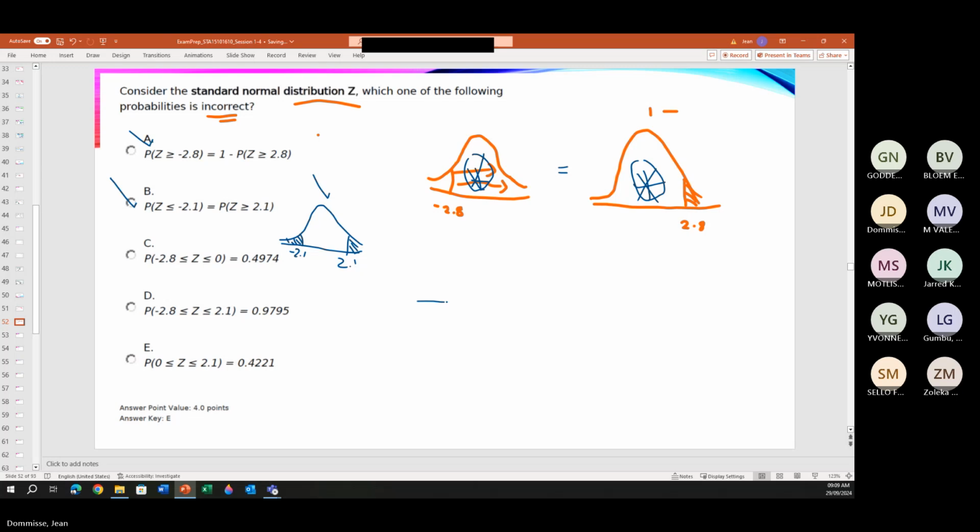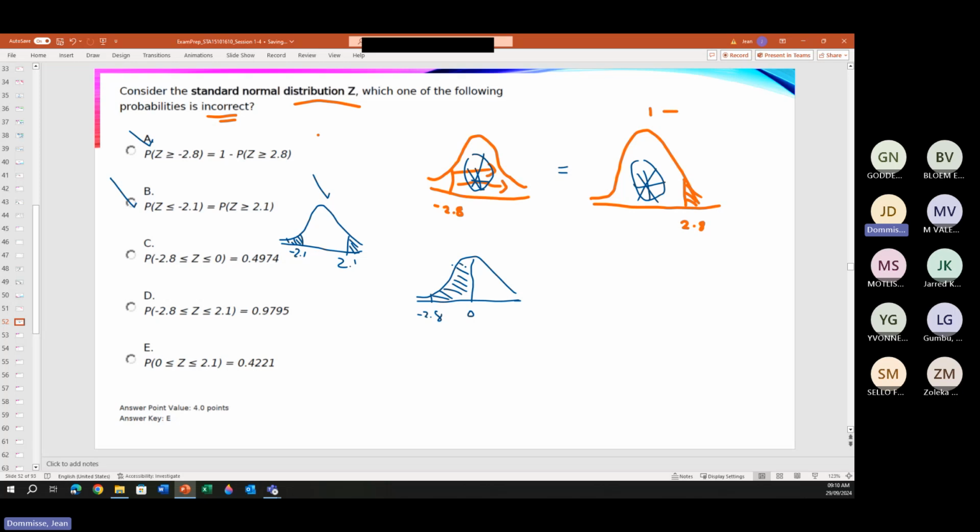Then let's go to C. Z smaller than 0, but bigger than minus 2.8. Okay, so we're looking for that area.